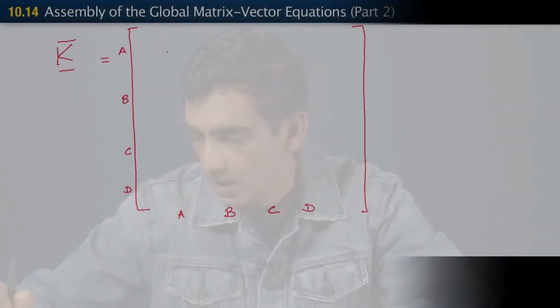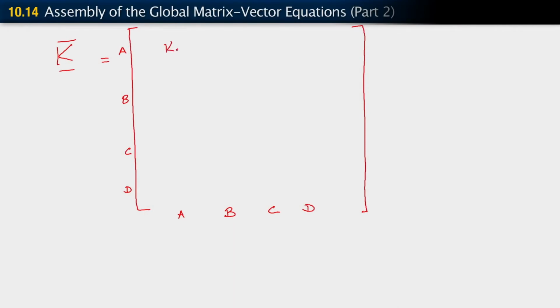Let's look at the AA contribution. For the AA contribution, which would be here, we would have from KE1, if you look back at the figure I drew of the two elements omega E1 and omega E2, it should be clear that from KE1 we have the 6 component, and from omega E2 we have, which one?